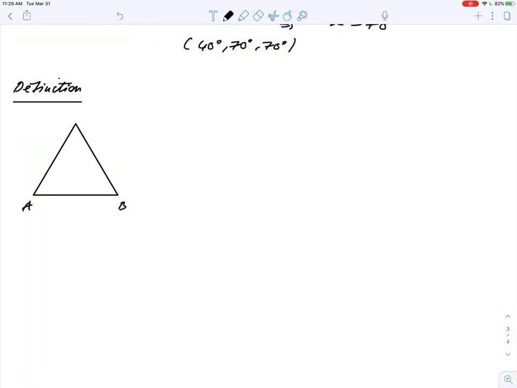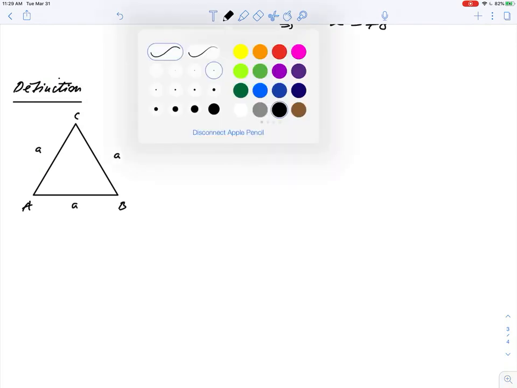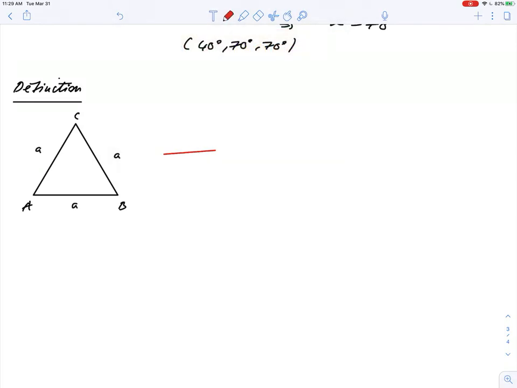So if I do A, B, C, this, of course very familiar to us, is called an equilateral triangle, a three-sided regular polygon. So all the sides are equal. The definition is that all the sides are equal.